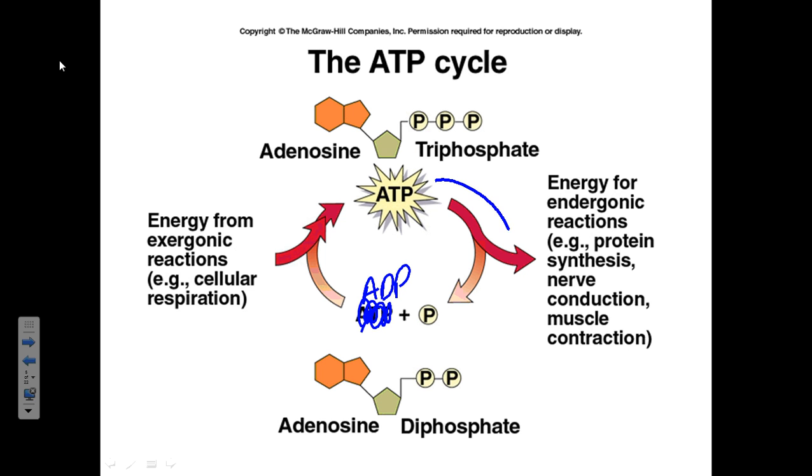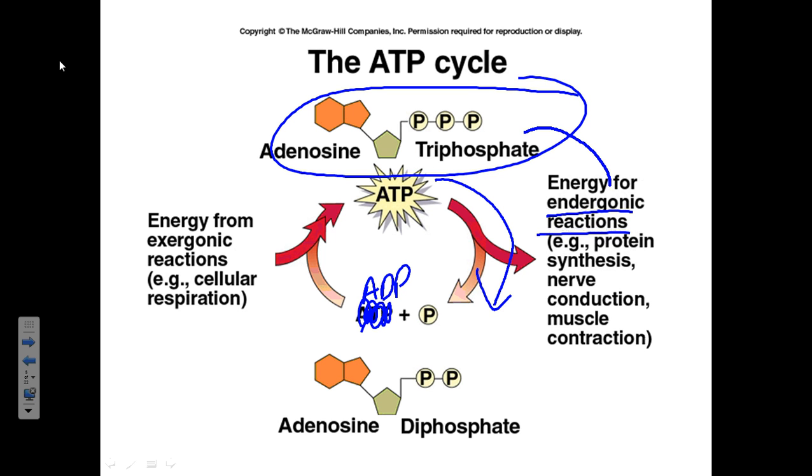And then going this way, what are we doing to that battery? We're using it. ATP is used to power what in your body? Pretty much everything. But a lot of the reactions in your body are endergonic. For those to happen, you have to have a steady supply of what? Energy. So this ATP hydrolysis provides the energy to make these happen.